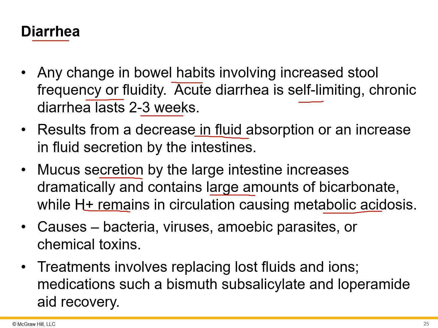Some causes of diarrhea include an infection like bacteria or viruses, parasites, or also some various toxins. And the treatments are just replacing the lost fluids and ions, again, putting that base in. So like Pepto-Bismol, bismuth subsalicylate, and loperamide to help decrease the acidity of the stomach to bring things back to normal.